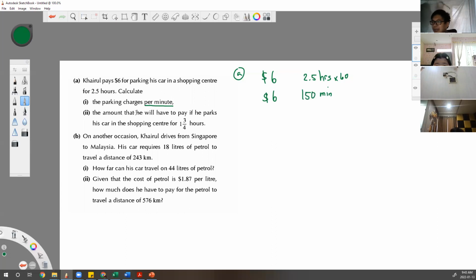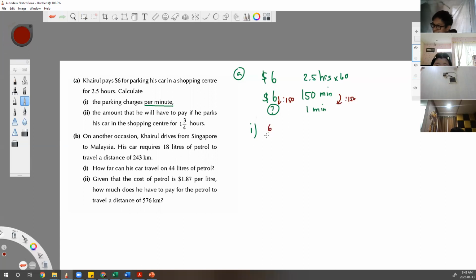The question is the parking charges per minute. So in 1 minute, how much? I think you're already familiar with this, right? The unknown, so divide by 150. Remember the rules? I think it's in semester 1. Divide by 150, divide by 150, right?